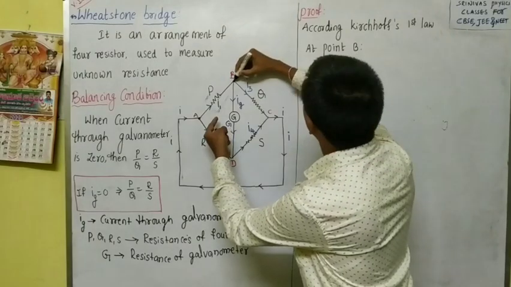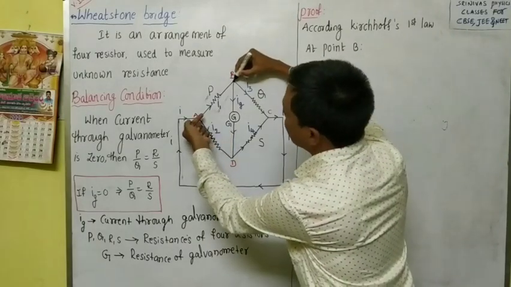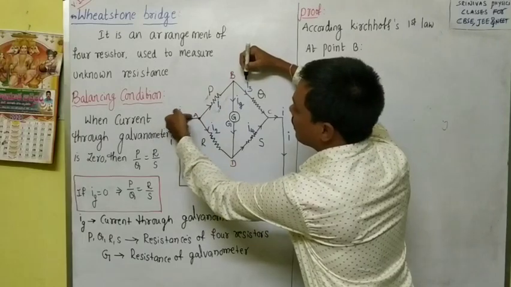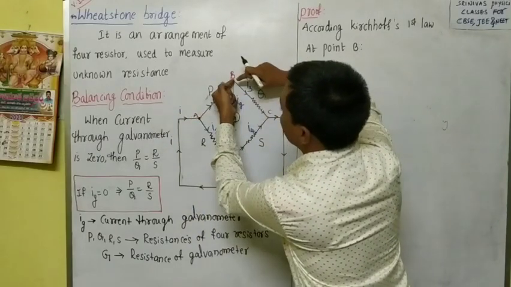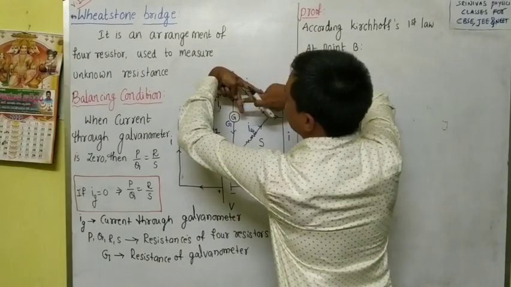Point B is a junction. At point B, the entering current I1 comes; before that, current I splits as I1 and I2. Then I1 is coming to this point, and again it will split as I3 and IG.